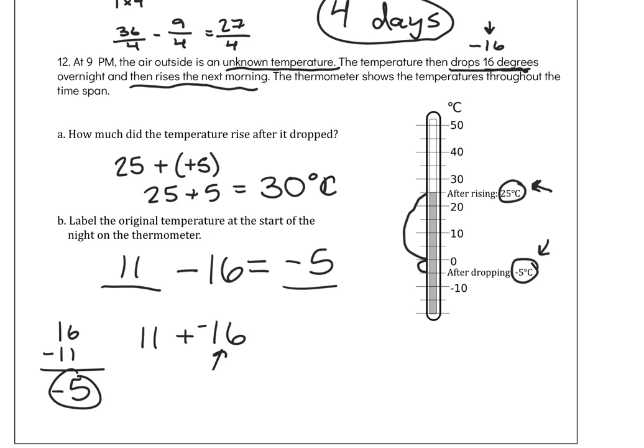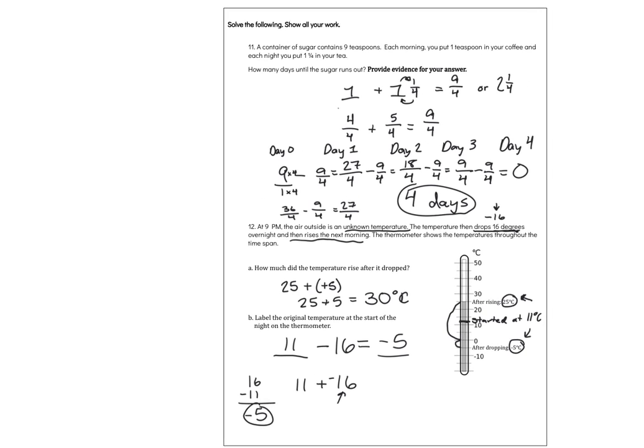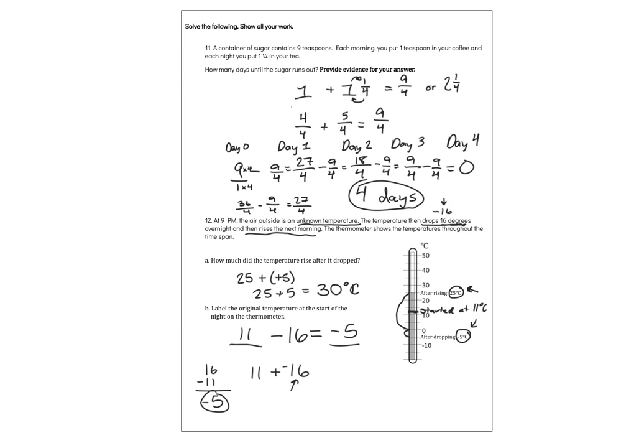So on our thermometer, we're going to put a line and say that we started at 11 degrees Celsius. We drop 16 and then we rose 30 degrees. Okay. There is our chapter 1 quiz 2 review help sheet.